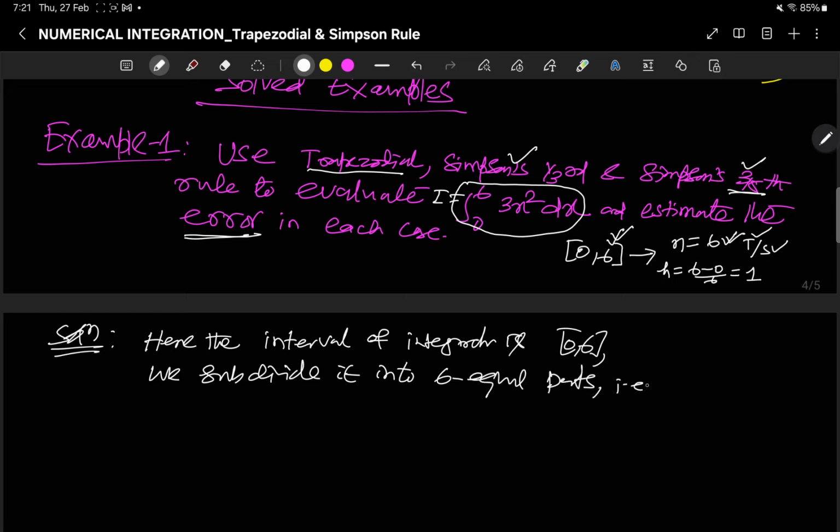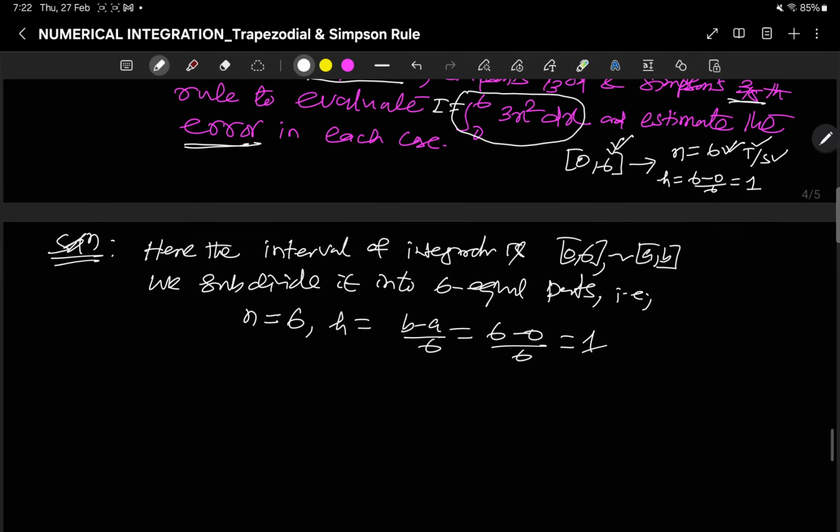That is, my n is equal to 6 and h is equal to b minus a by 6, which is 6 minus 0 by 6, equal to 1. So this is my h is equal to 1. So now I tabulate the data. Consider the table.